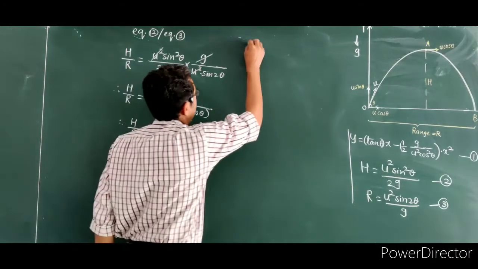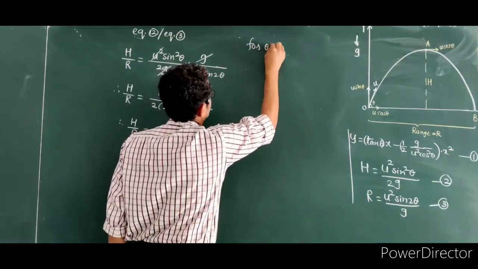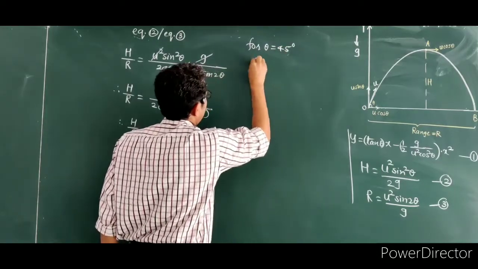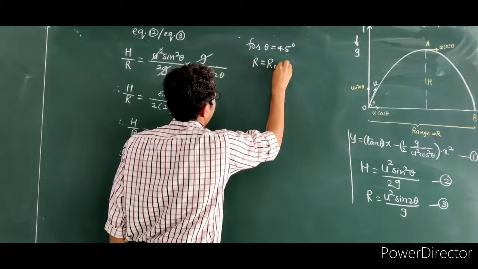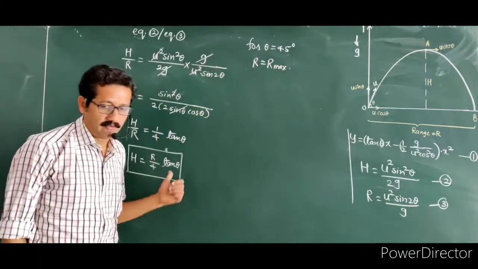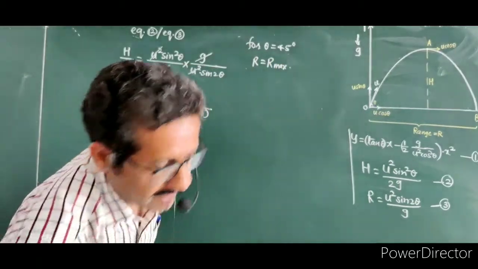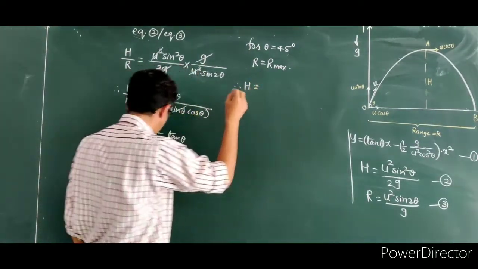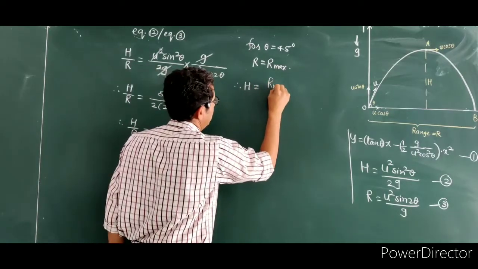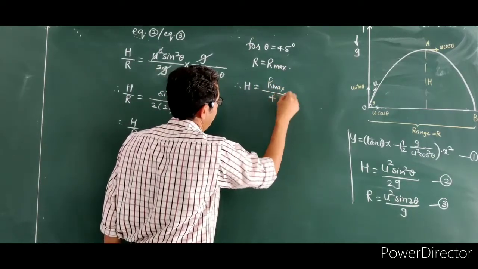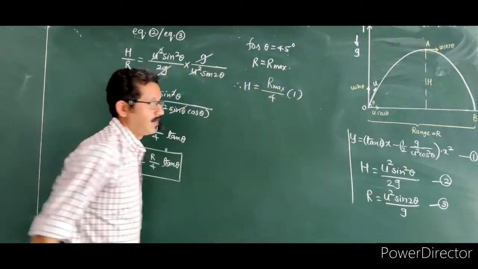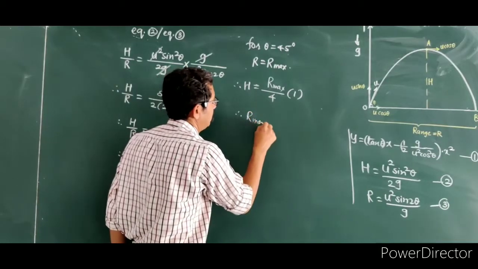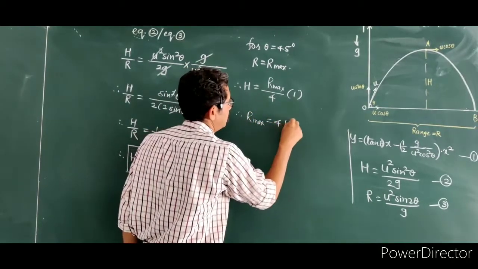So if the angle of projection is 45 degrees, r is replaced by r max, and this equation can now become h is equal to r by 4, instead of that I would write r max divided by 4 into tan 45, which is 1, and therefore you find that r maximum is equal to 4 times the height.